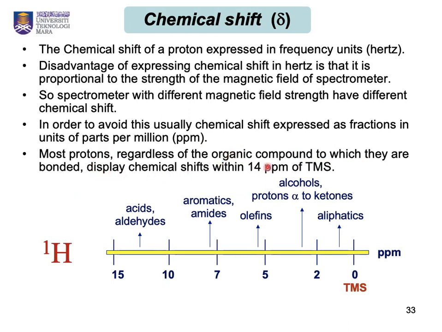Generally this ppm scale, or NMR scale, is used within 14 ppm of TMS. TMS, tetramethylsilane, is the internal standard used in NMR, and its value is always at 0. So the NMR signal starts from 0 to 14 generally in the case of organic compounds.